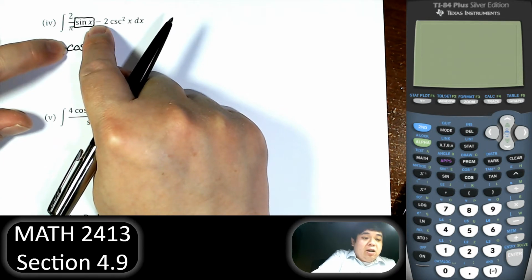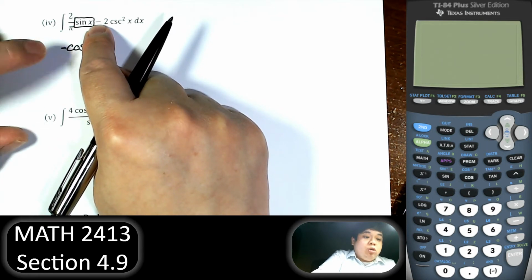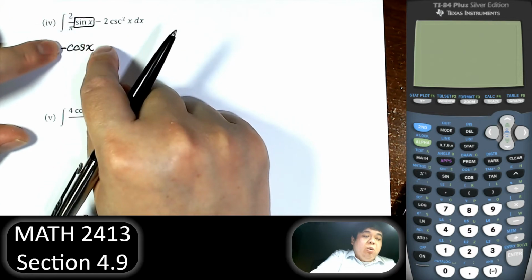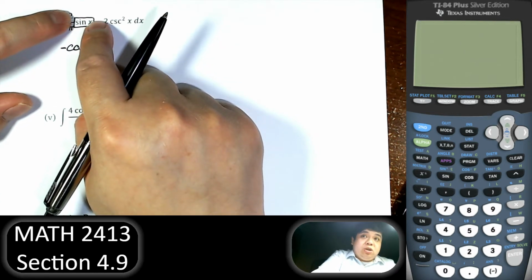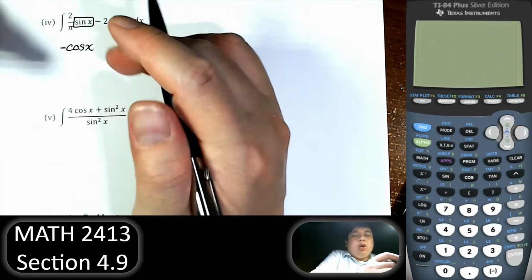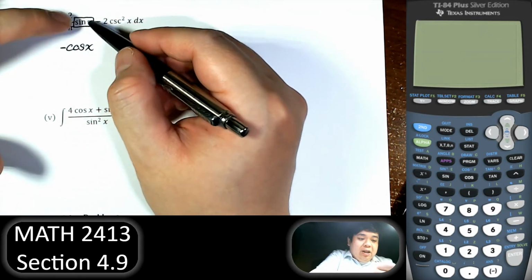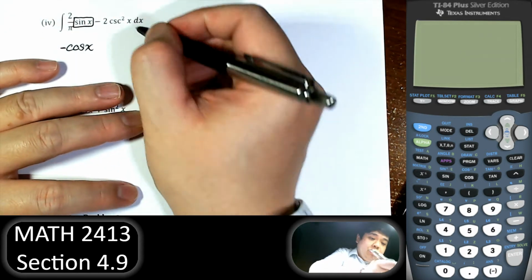So to negate that, we have to throw in a negative, so that the derivative of negative cosine is equal to sine x.